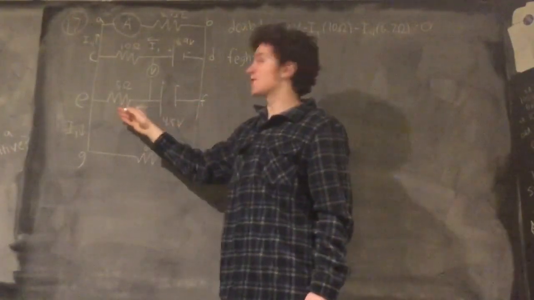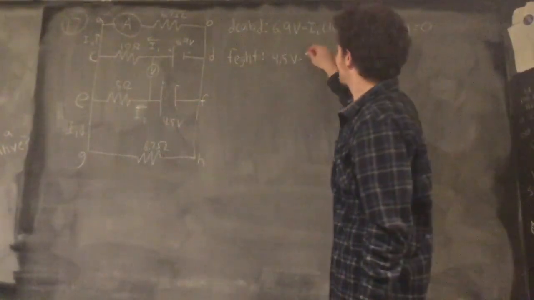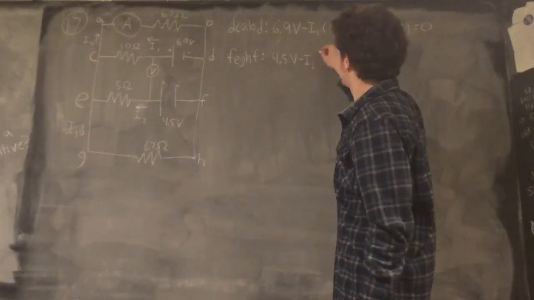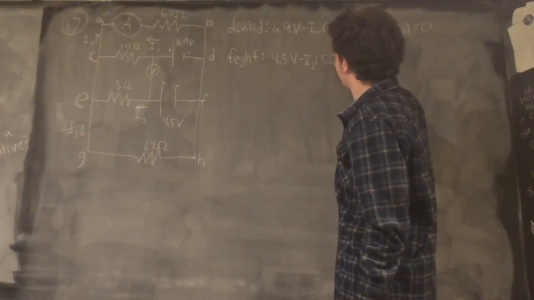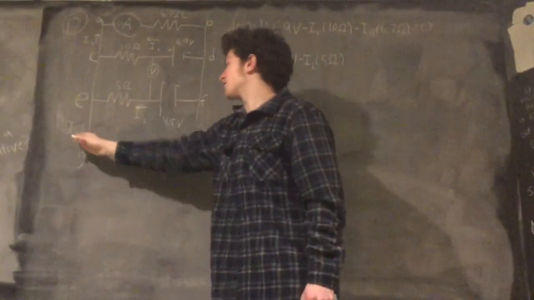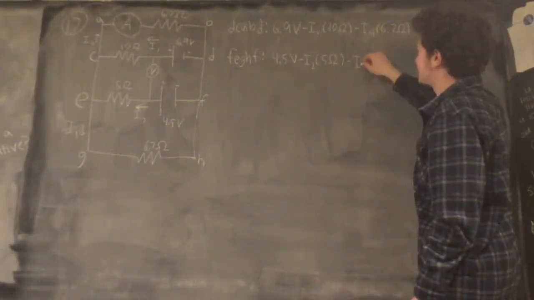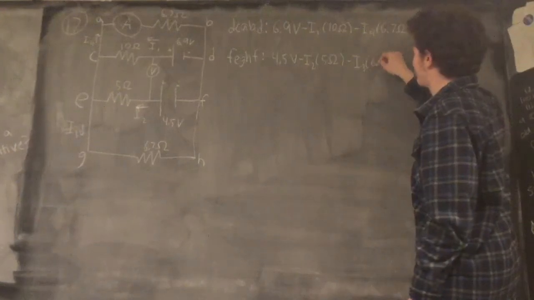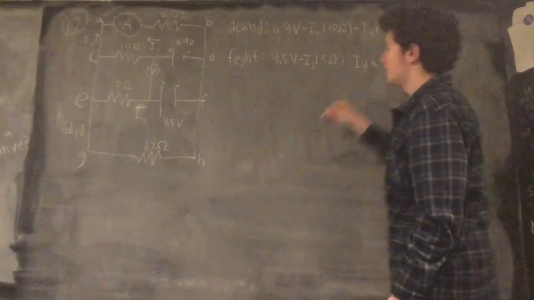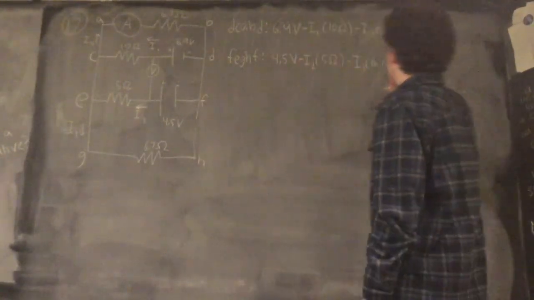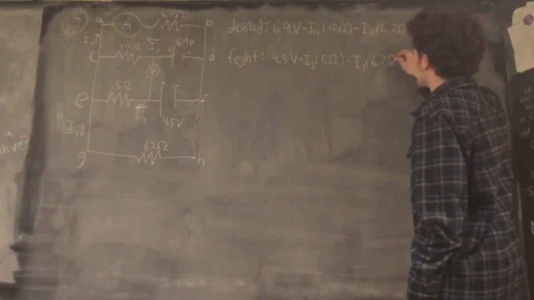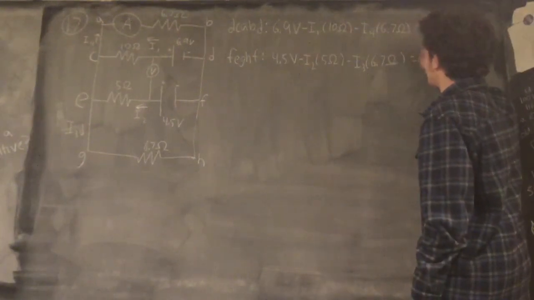Going with the current, so this is going to be minus. Again, down here, going with the current, so this is also going to be minus. And then back to where we started. And again, due to Kirchhoff's loop rule, it's just equal to 0.